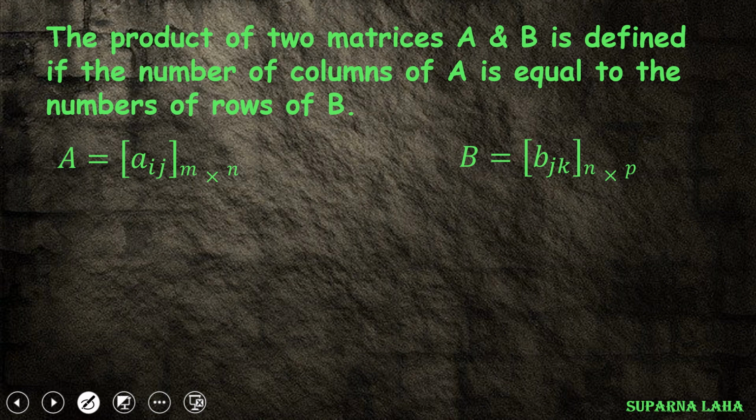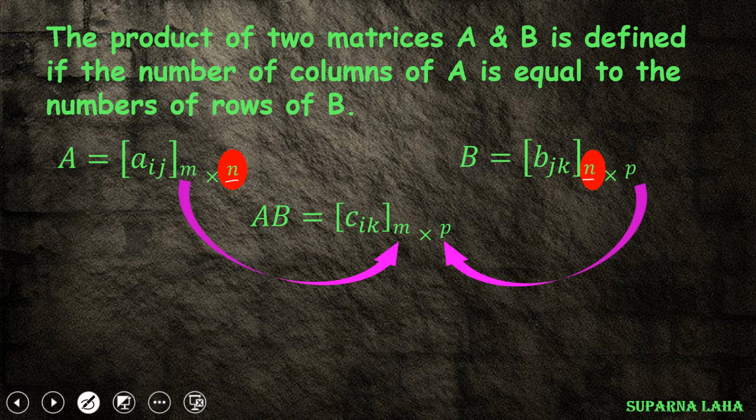After multiplying, since these two numbers are equal, the multiplication holds, and the product AB is of order m by p. That means if these numbers are equal, AB is defined and the order of AB is m by p, that is the number of rows of A with the number of columns of B. So that's all you need to remember.